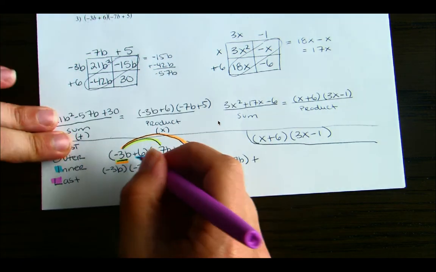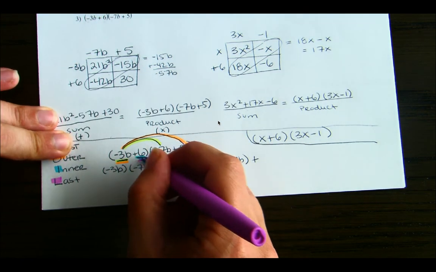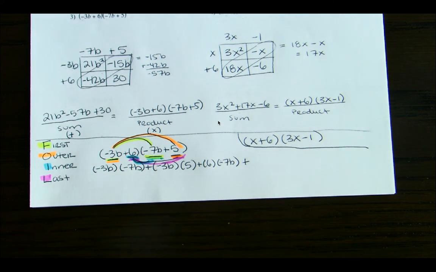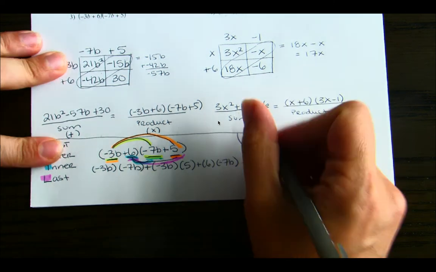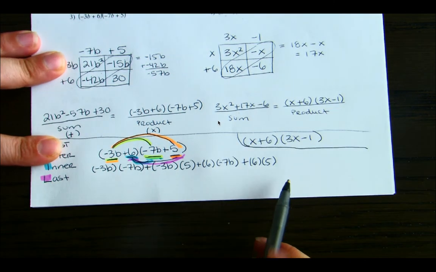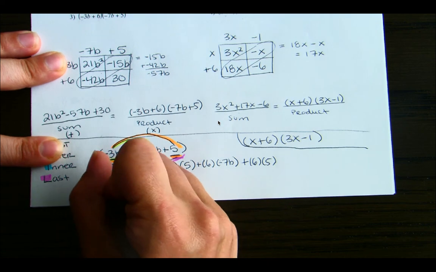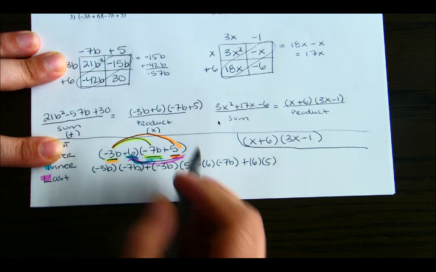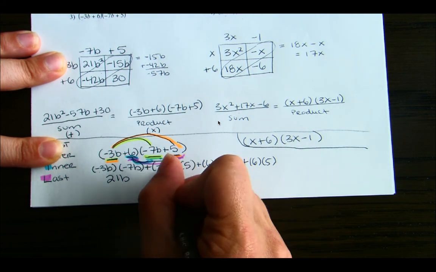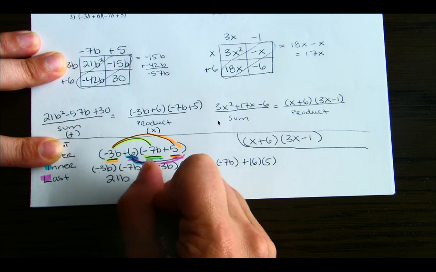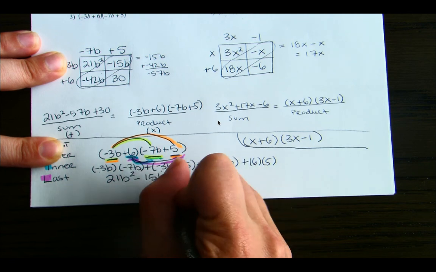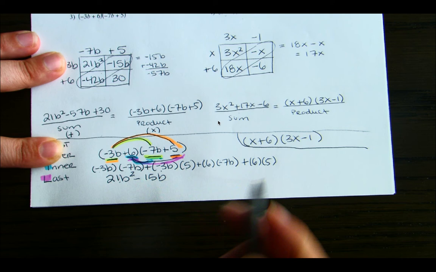So I will underline those, connect those, and I have 6 times 5. So when I write all of this out, I have -3b times -7b, which is 21b squared, and then -3b times 5, which is minus 15b. Sorry, I meant to say that that was squared.